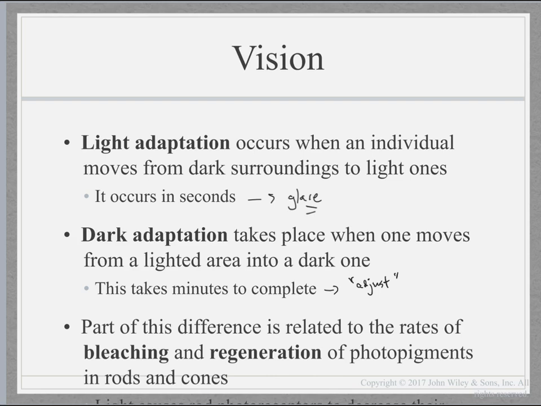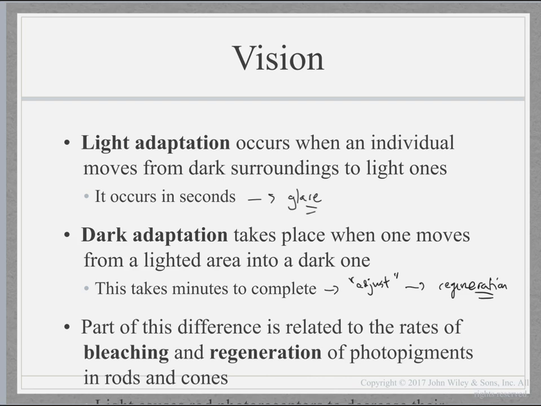Well, remember, light struck these rods. We are in a photo-bleached state, right? So we have rhodopsin that has been bleached, and so we have transretinol sitting off somewhere and opsin sitting off somewhere. Now we have to allow them to regenerate. That regeneration takes time. It takes minutes for that opsin and retinol to come back together.